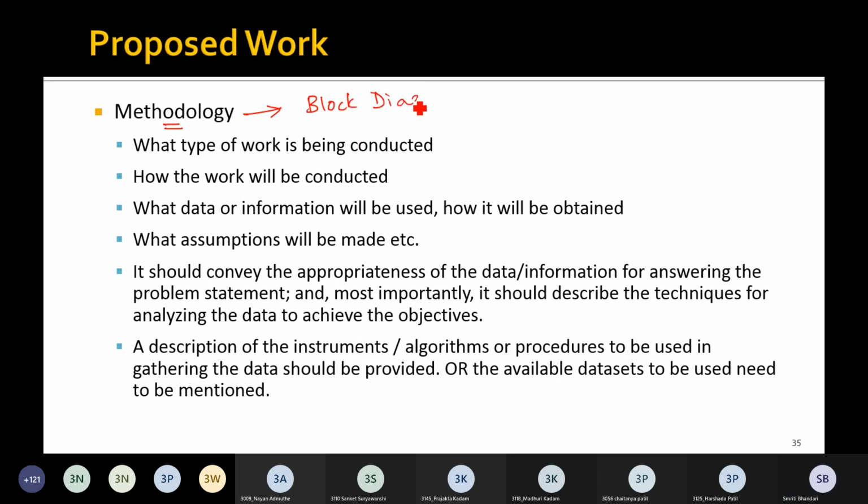So the proposed work describes the methodology used to implement the project. Typically under methodology we provide a block diagram or a layout. That block diagram describes the important tasks you are going to perform.